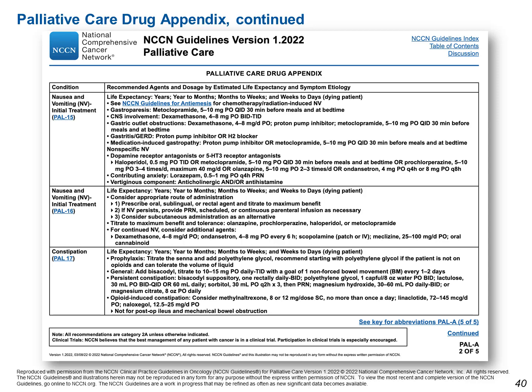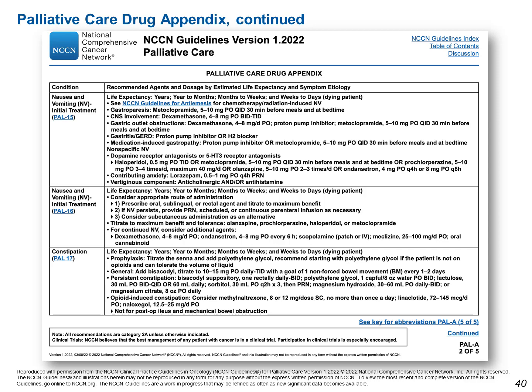But in the patient with limited life expectancy, keep in mind gastroparesis can be controlled with metoclopramide, CNS involvement has the best response to dexamethasone 4 to 8 milligrams PO BID or TID. Gastric outlet obstruction can also get some relief with proton pump inhibitors, metoclopramide, and dexamethasone.